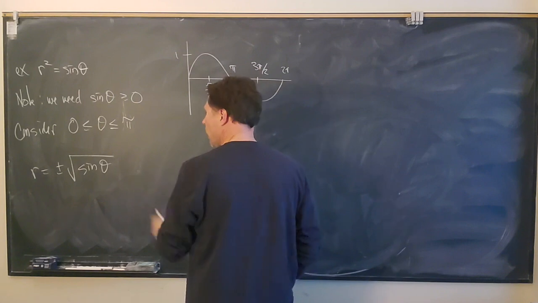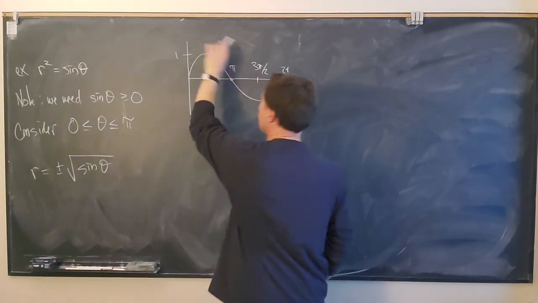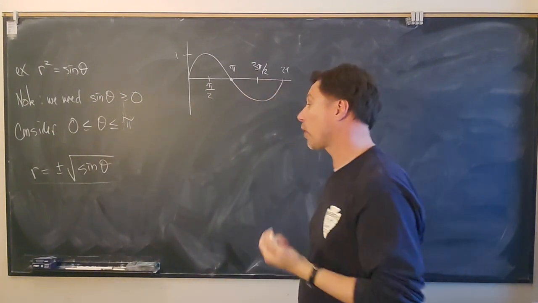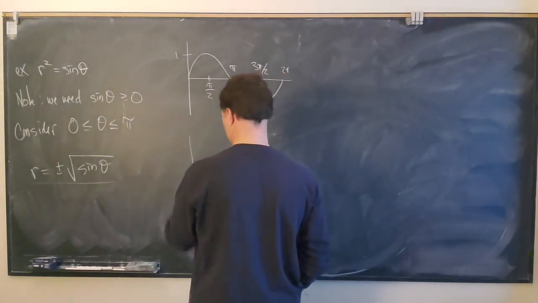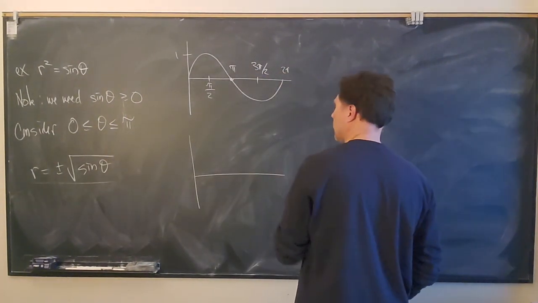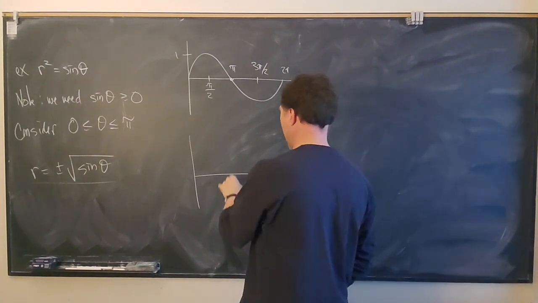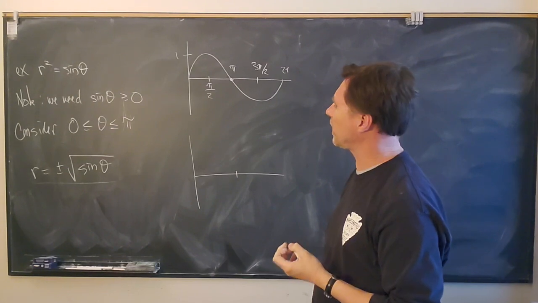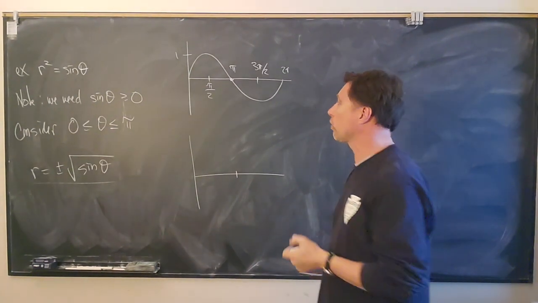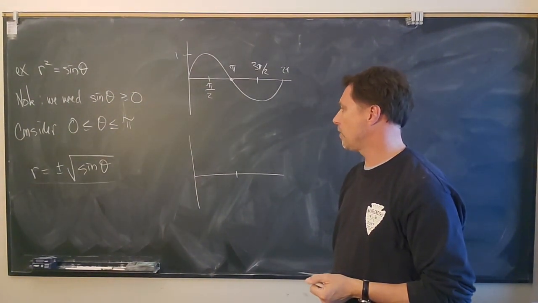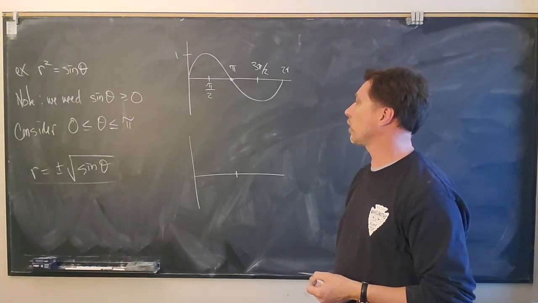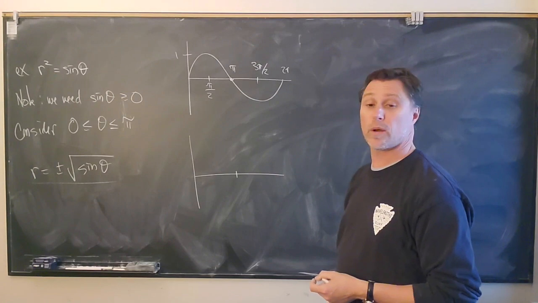Okay, so now let's see how to make use of this information to graph r equals plus or minus square root of sine theta. So I'm only going to go to pi. And what happens as you take the square root of a number between 0 and 1, right?